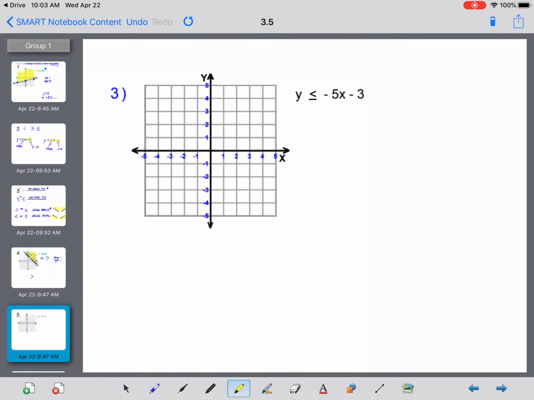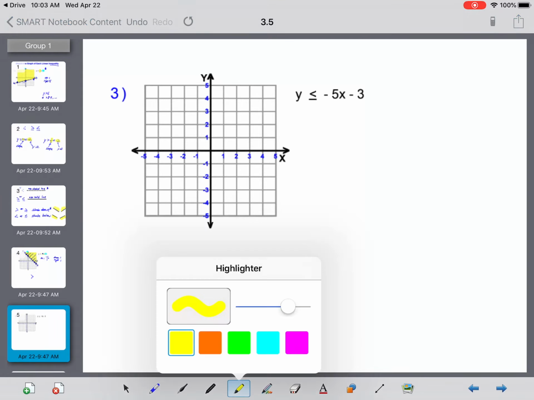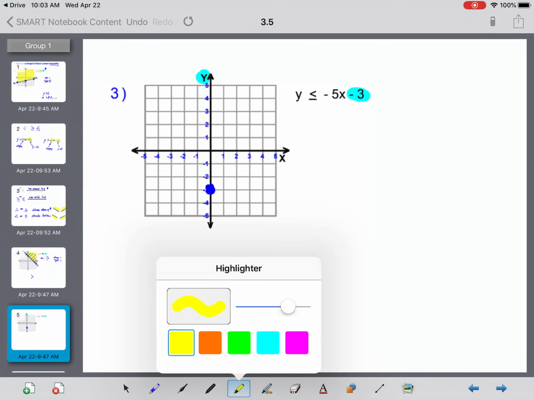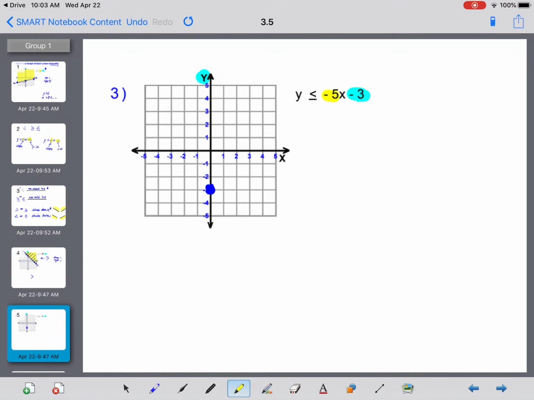Our next example, number 3, says y is less than or equal to negative 5x minus 3. Again, we find that y-intercept, which is negative 3, so I'm going to put a point at negative 3 on the y-axis. Your slope, or your m value, is negative 5. But we like slope as a fraction, so I'm going to put it as negative 5 over 1, which means down 5 and to the right 1.